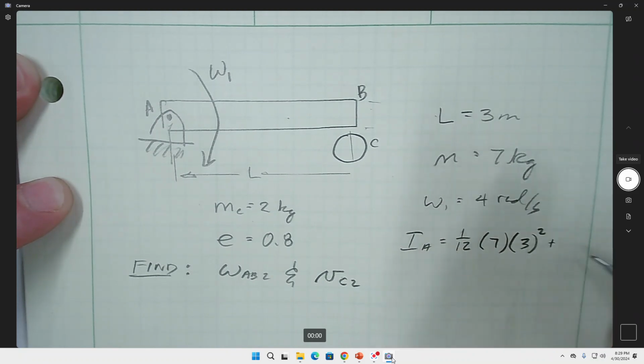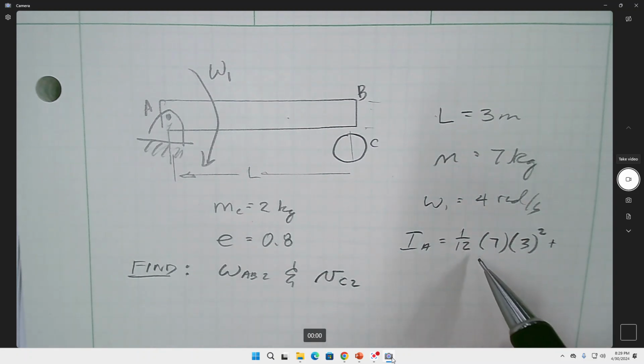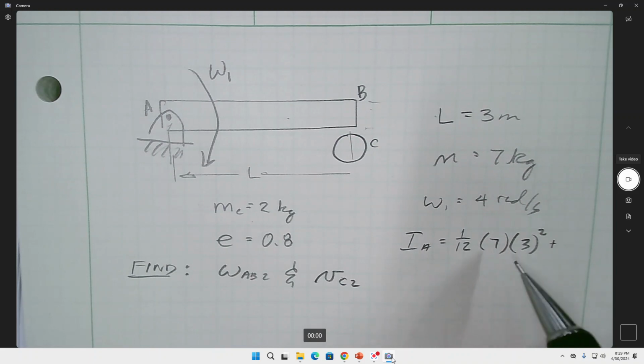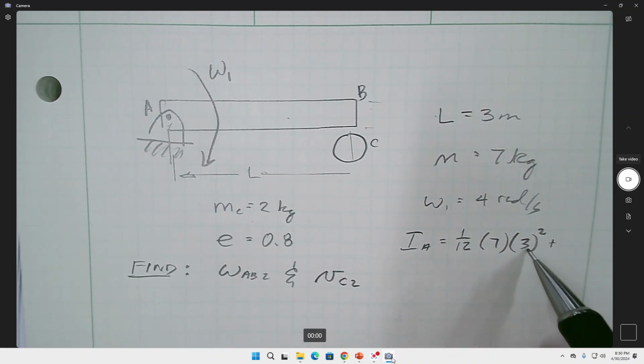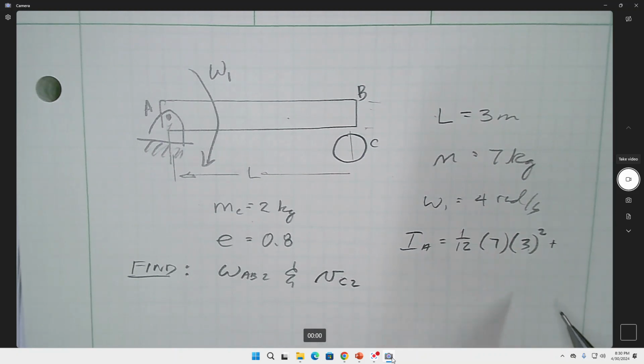And in fact, by the way, you could do a little cheat. You don't have to do it. Do you know what the actual equation about the end is going to be, as opposed to about the center? Okay, you know for the long one we go 1/12, and then mass times length squared. How about 1/3 BH cubed.